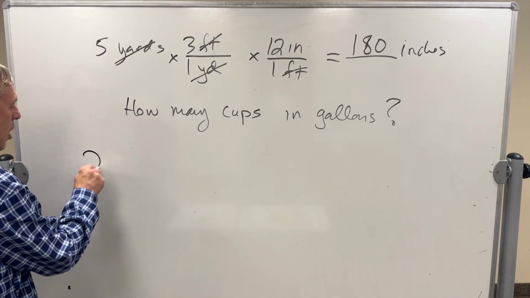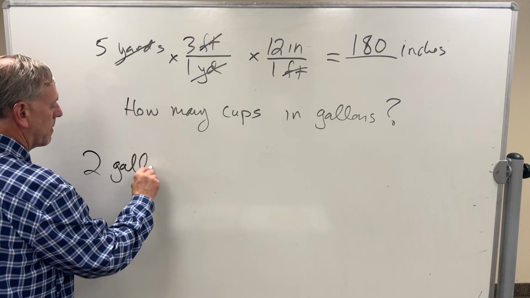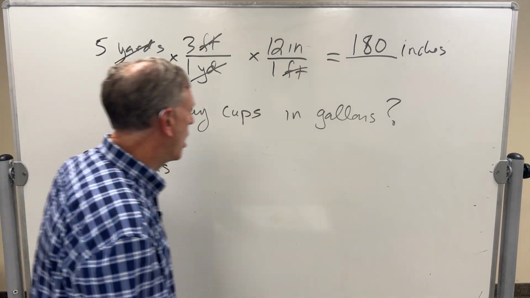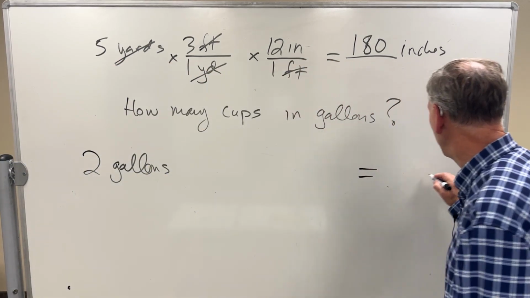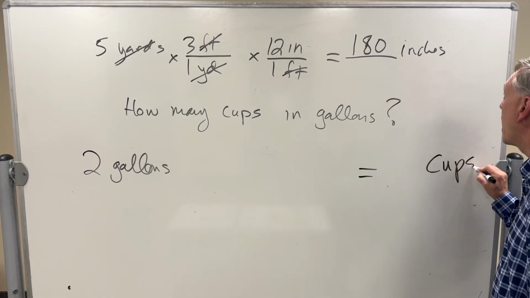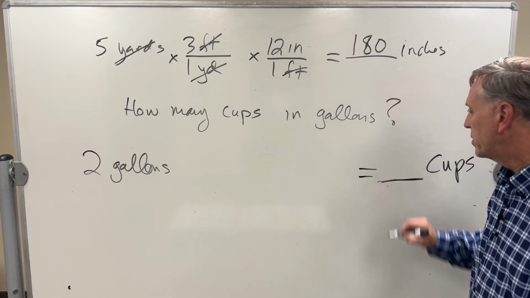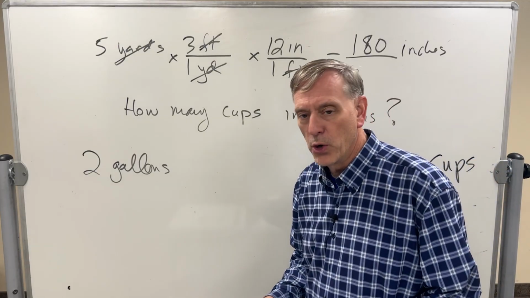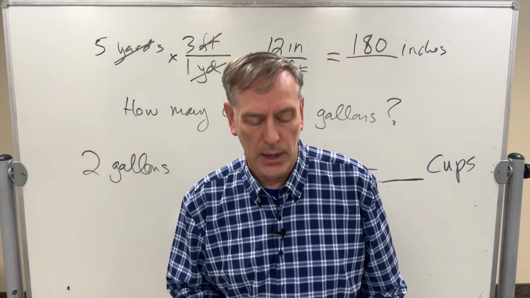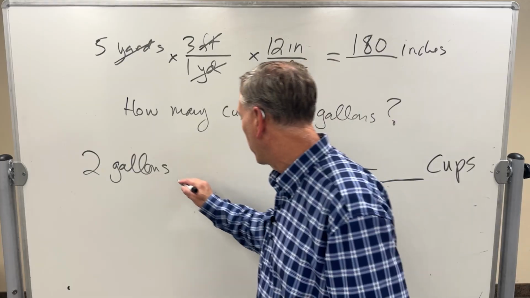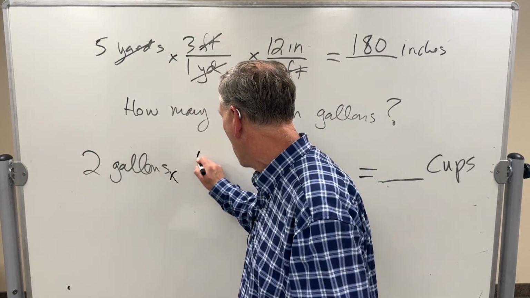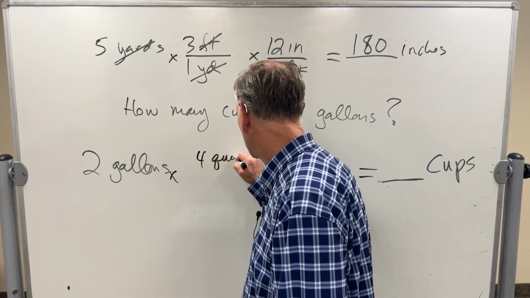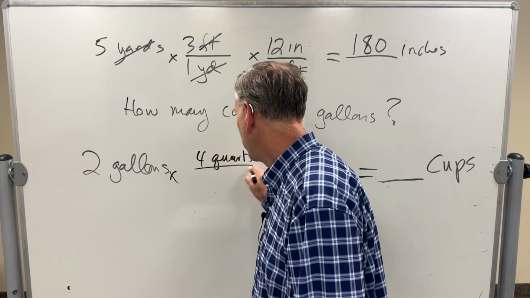So in this case, we start with 2 gallons, and over here we want to know how many cups are in 2 gallons. Let's suppose we don't know how many cups are in a gallon, but we do know how many quarts are in a gallon. There are 4 quarts in 1 gallon.